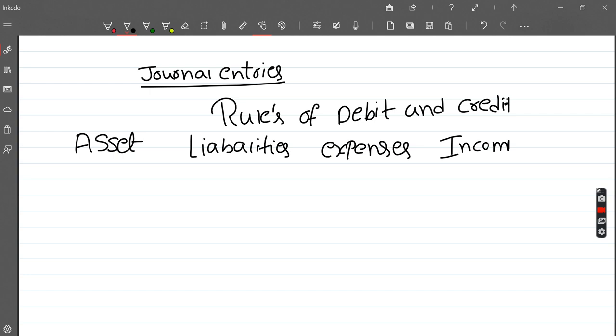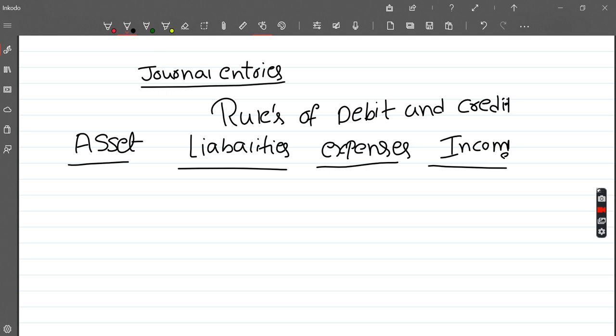Okay, so you should know what is asset, what is liability, what is expense, what is income. Assuming that you already know, and also assuming that you can identify what are all the assets, liabilities, expenses and income, right?